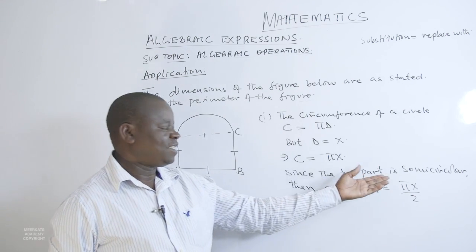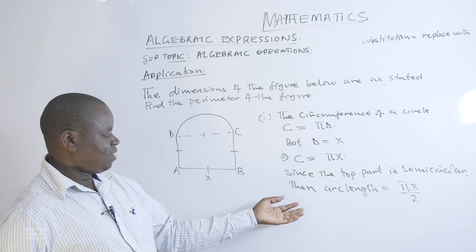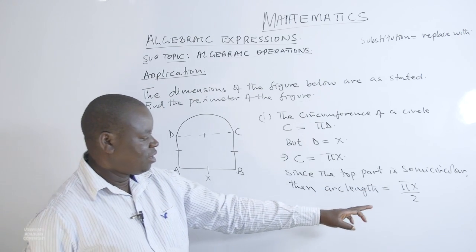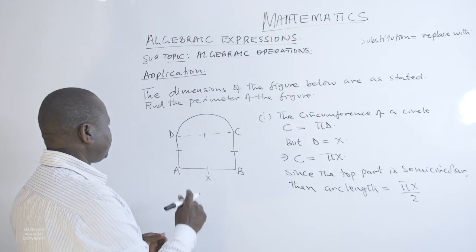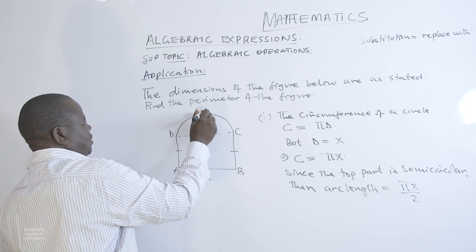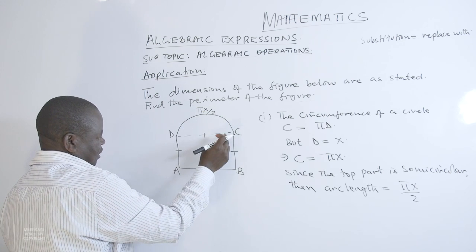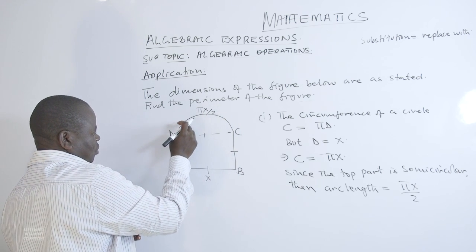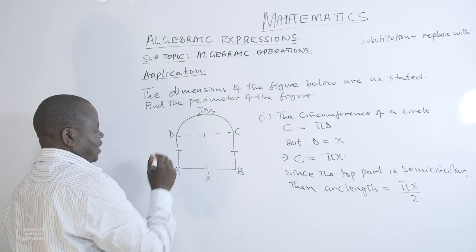Since the top part is semicircular, the arc length now becomes pi x over 2. So we have found the top part as pi x all over 2. That is from C round to D when we move like that.